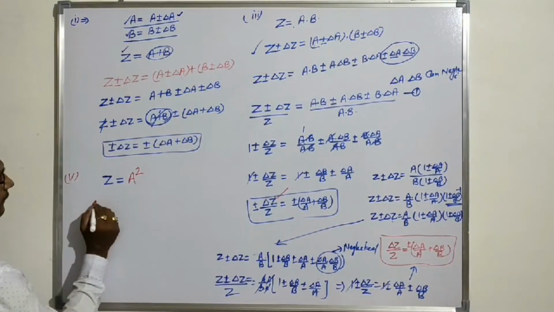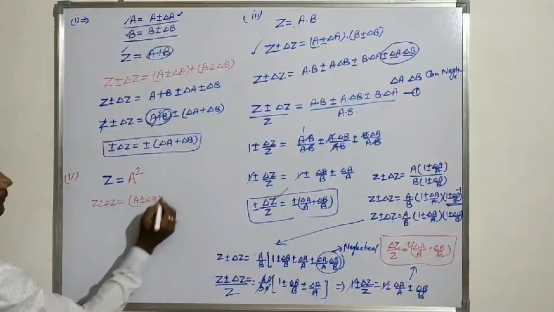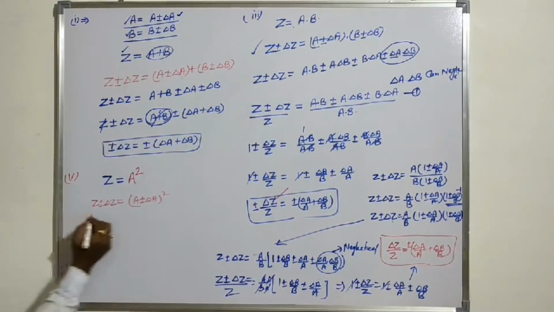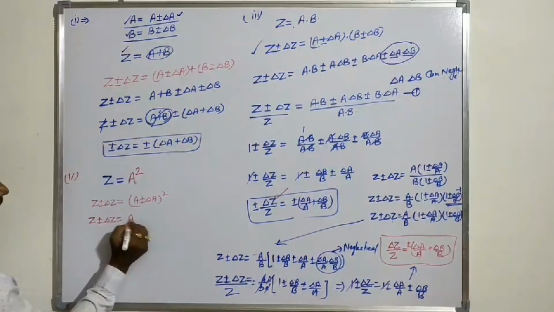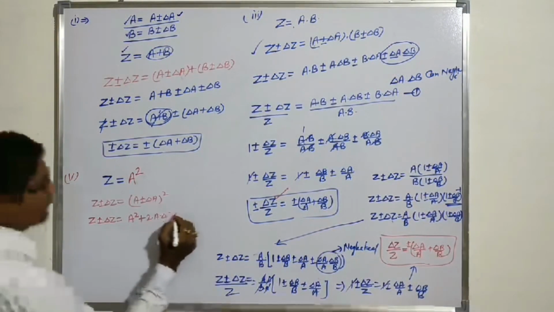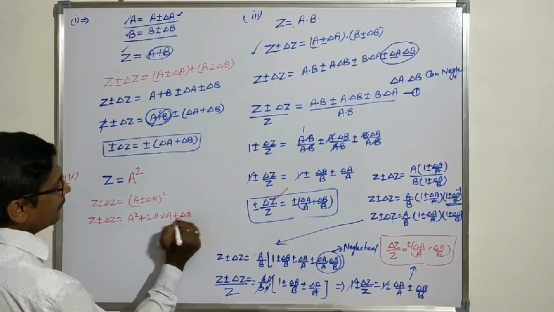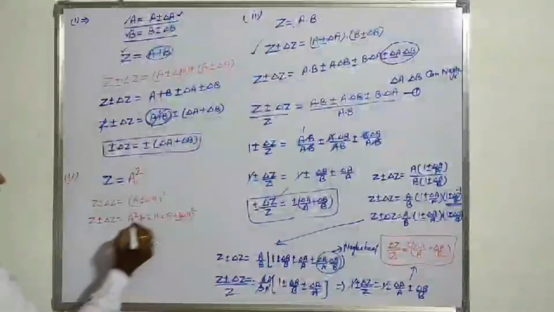So we can write z plus or minus del z equals a plus or minus del a whole square. After solving, z plus or minus del z equals a square plus 2a del a plus del a square.